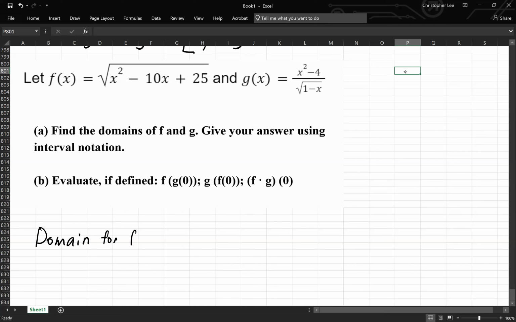for f is, right? Now here's the thing, right? I have a quadratic underneath the square root, right? So for the quadratic, negative infinity to positive infinity, we're good to go, right? But I'm not allowed to take the square root of a negative number, but it's a quadratic, right? Is there ever going to be a value for x that will make this negative, right?